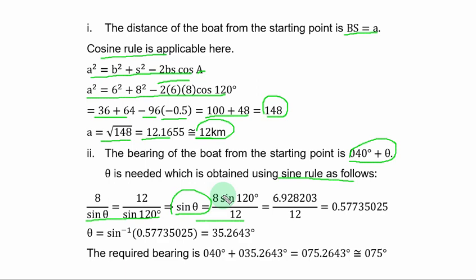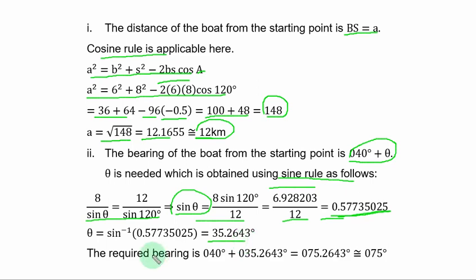8 times sine 120 degrees, you have this result. Divide by 12, and that is 0.5773525. To get theta, you need to take the inverse of sine of this value, and that gives 35.2643 degrees.